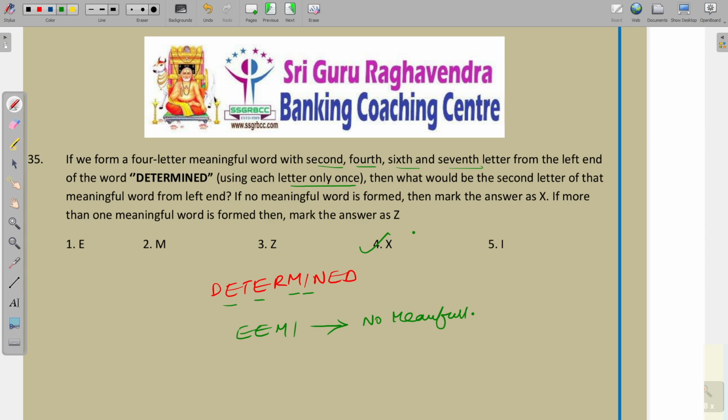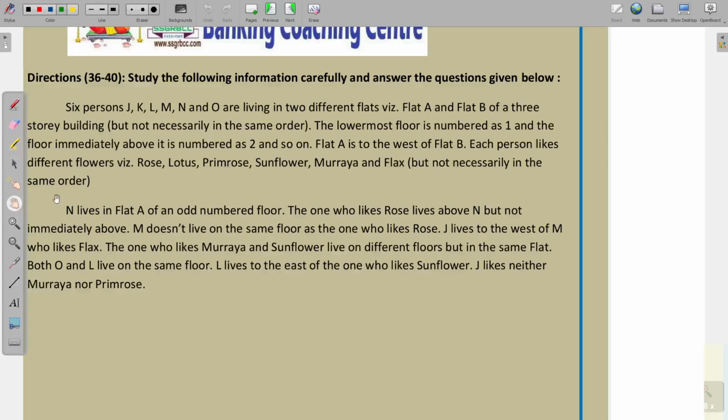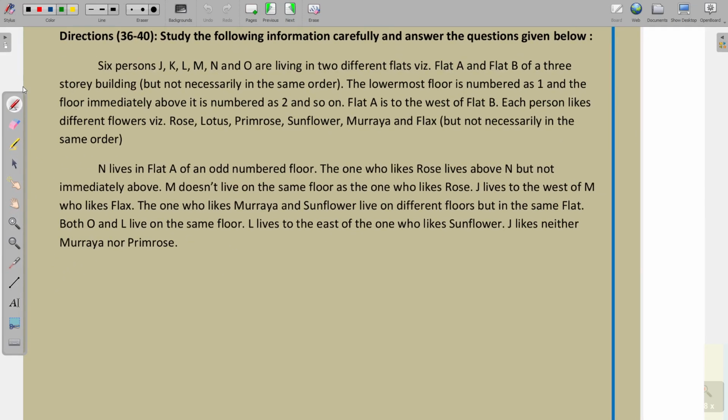Next, question number 36 to 40. So here we have one more puzzle, the last puzzle, 36 to 40. So see, ఏమేమి ఇచ్చినాడో చూద్దాం. 6 persons J, K, L, M, N and O are living in 2 different flats, flat A and flat B, in a 3-story building. Okay, there are 2 flats in a 3-floor building, but not necessarily in the same order.